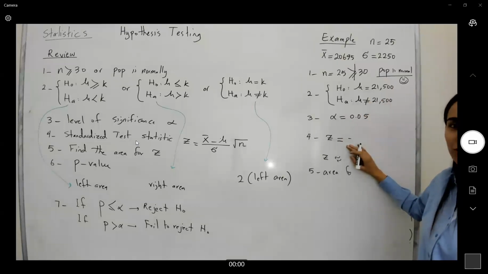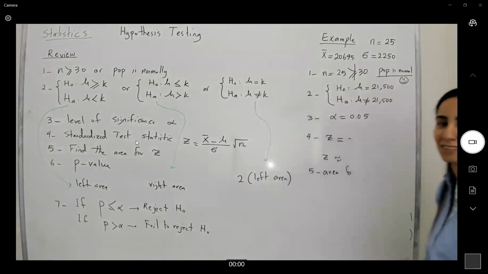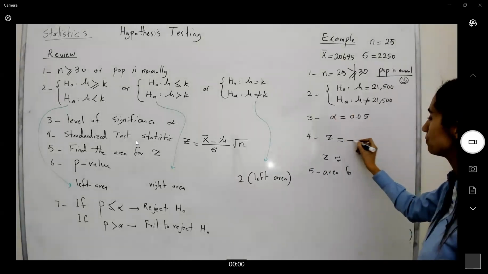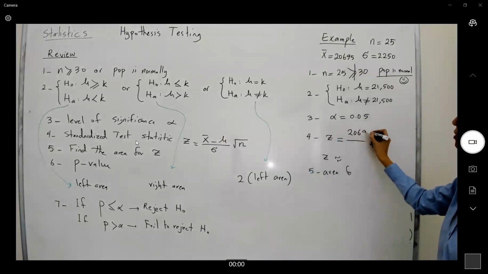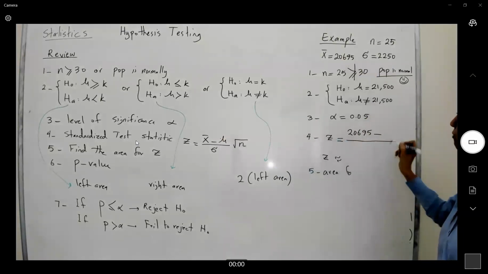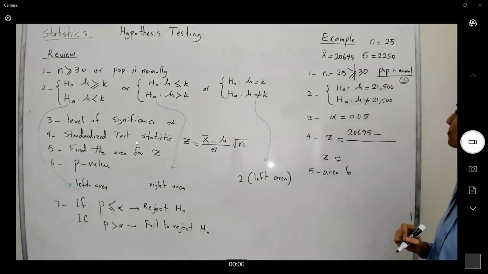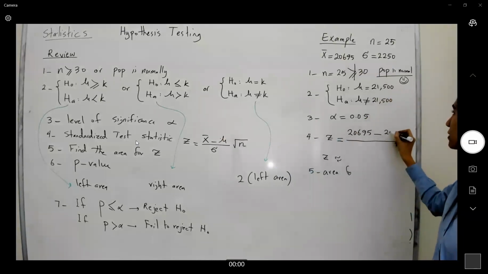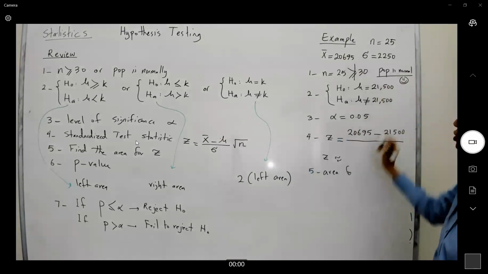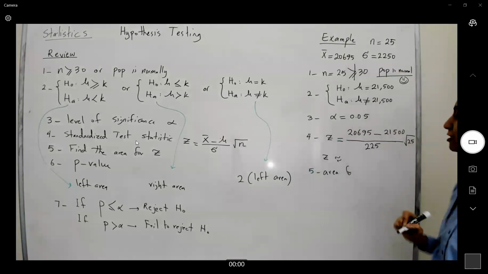Now we have to construct our z, or standardized test statistic. So it is equal to x bar, which is 20,695, minus the mean, which is 21,500, divided by sigma, which is 2,250, divided by the square root of 25.